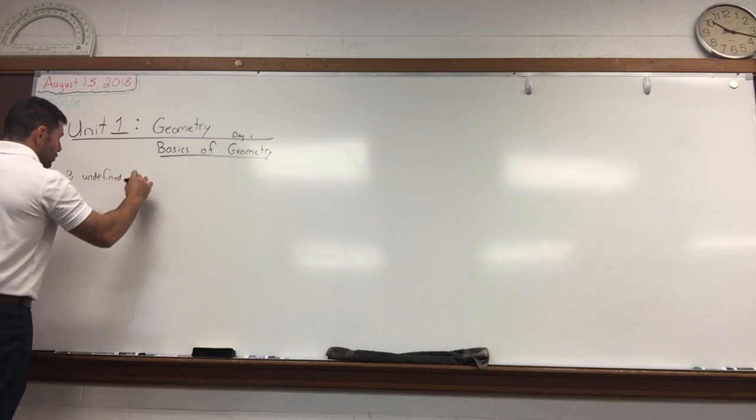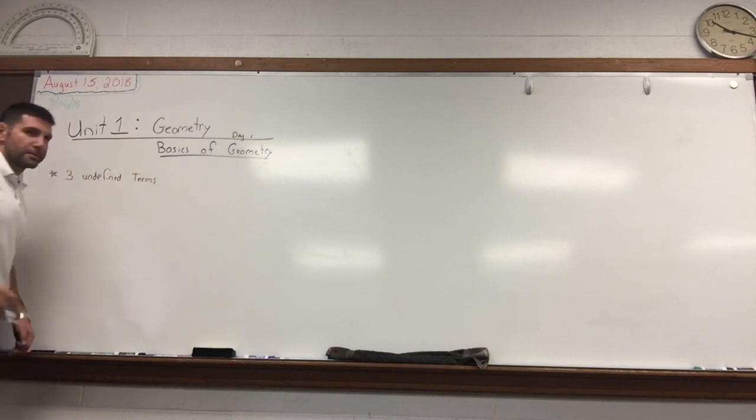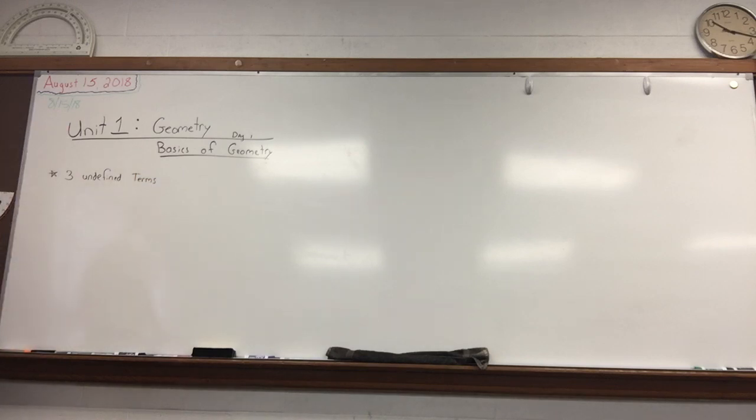Undefined means you cannot define them. They have no definition. And I've made jokes every single year because guess what the books do after it says 3 undefined terms? It defines them. It says, here's what this is. And I'm like, well, that's just silly.